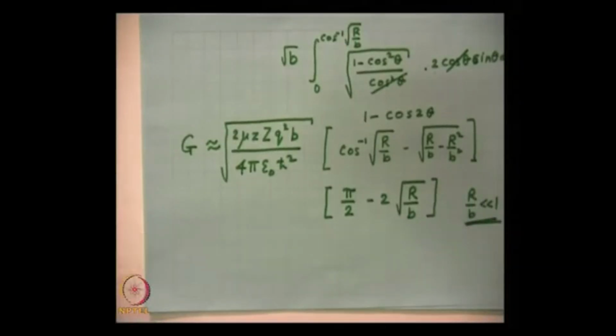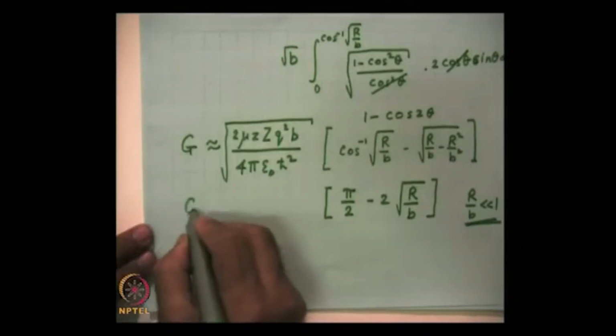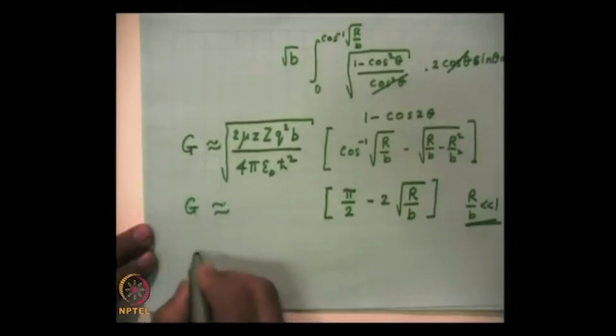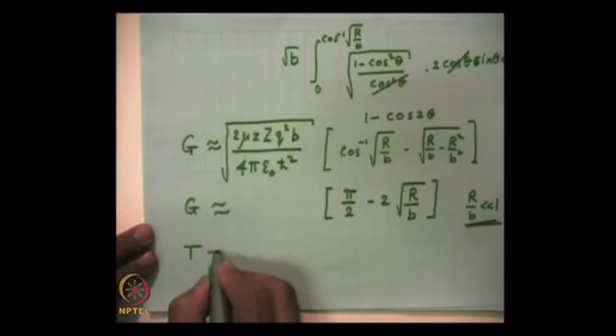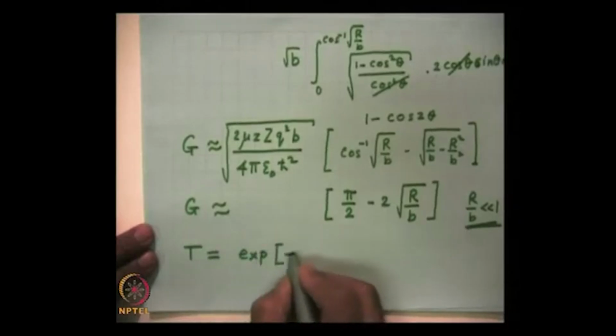So in that approximation this is the value. Now I have an analytical expression for g, and the tunneling probability is, as we all know, exponential of minus 2g.